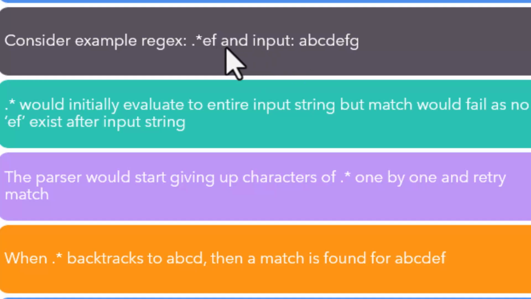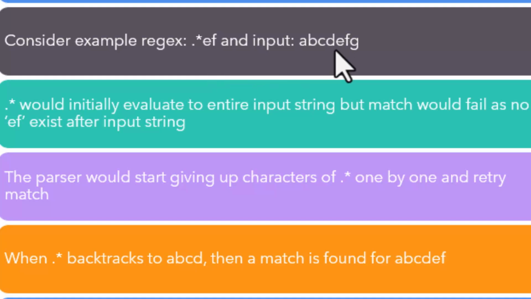The parser now backtracks again and also gives up F. So now the dot star portion is left only with A, B, C, D, E as its captured value. But it is still not a match, so the match is still unsuccessful.